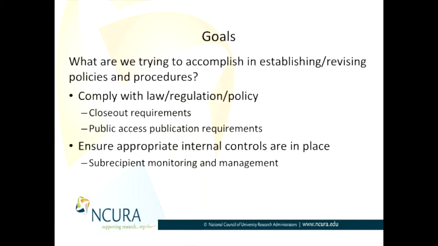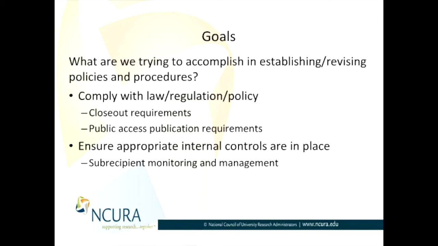Another example is public access requirements. Now, we are all familiar with these initially because of NIH's policy that publications be made publicly available. But we've seen that OSTP has expanded that requirement to other federal agencies, and now even private sponsors have public access requirements.